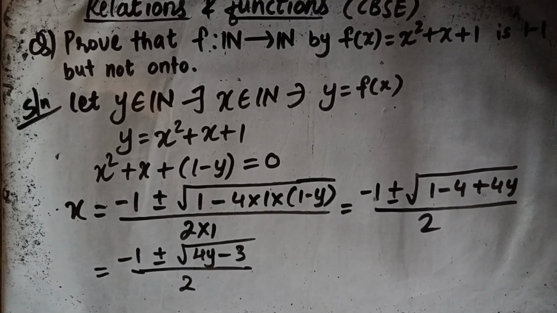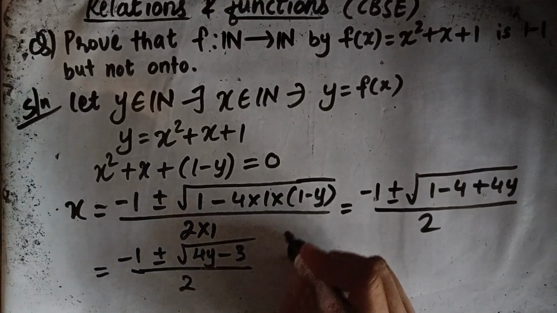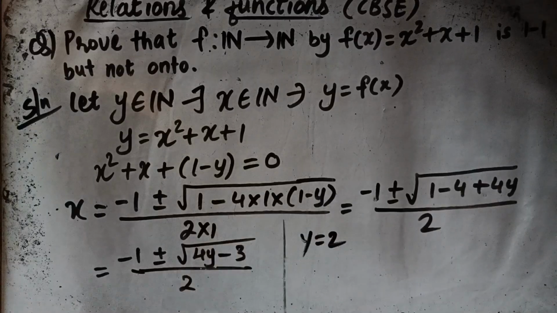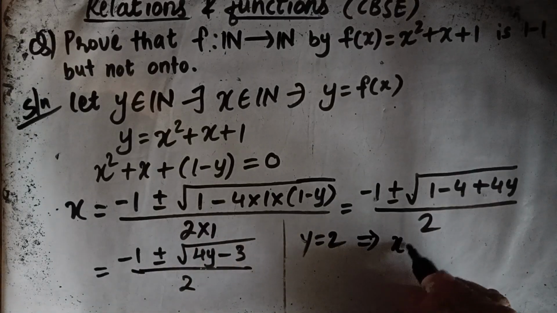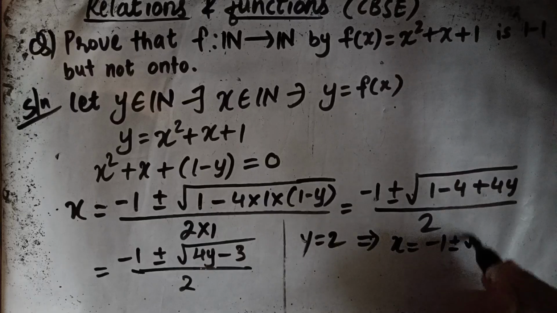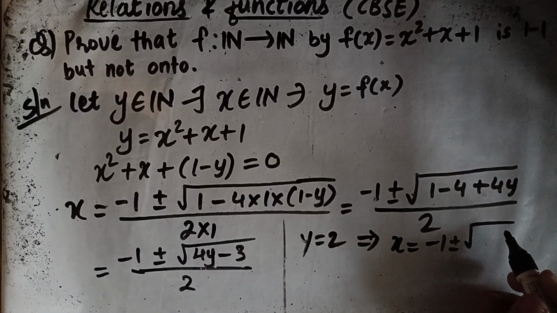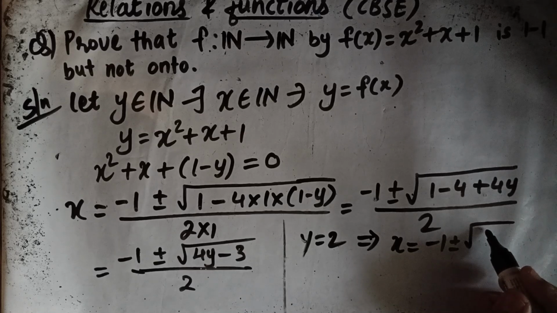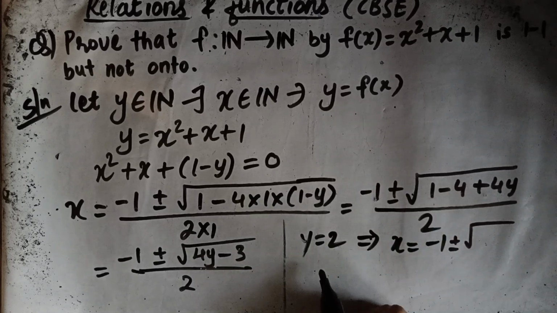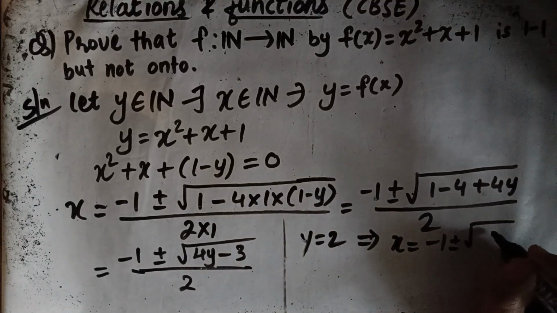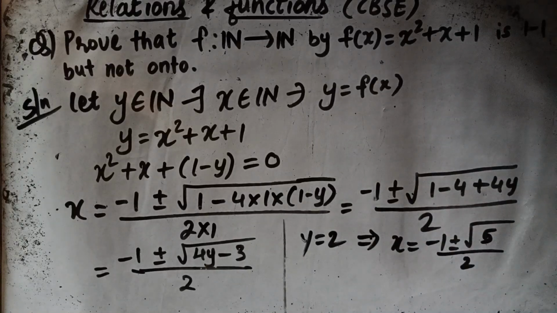Because x belongs to the set of natural numbers. So if I take y equal to 4, then it will be a positive number. If I take y equal to 2, then I'll get minus 1 plus or minus root of 8 minus 3, which is root 5, upon 2.